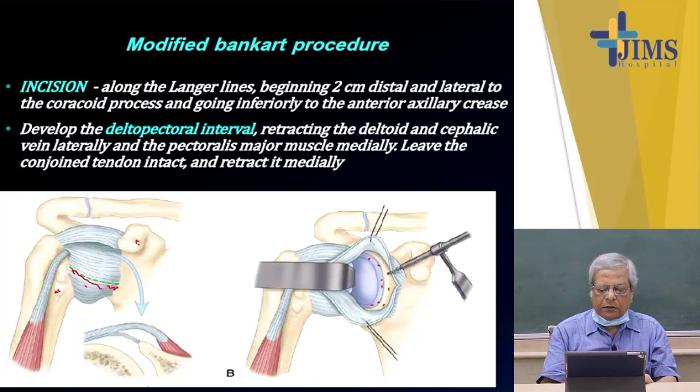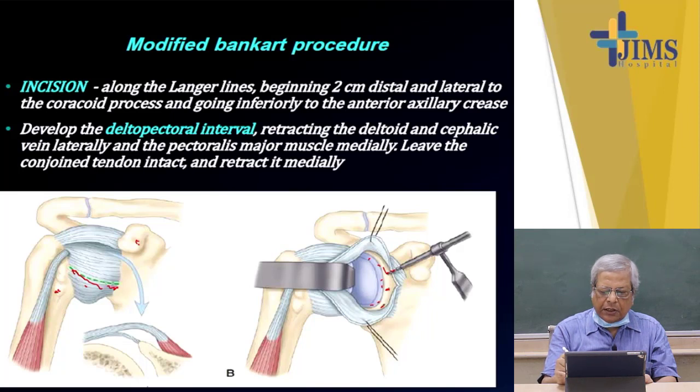This is the glenoid, and this is the capsule and the labrum at the same time. You can see the labrum and the capsule are detached from the glenoid edge. Three holes are made in the glenoid edge.